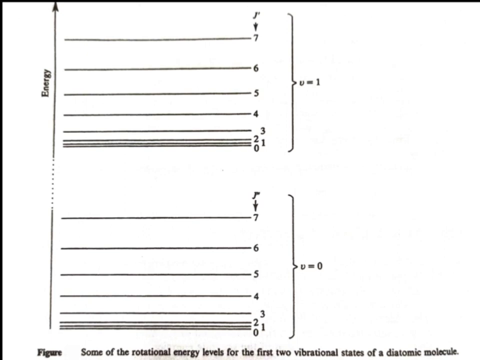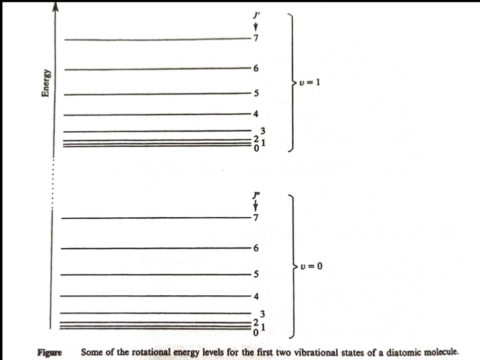Here just the transition from V is equal to 0 to V is equal to 1 is given, but inside the vibrational energy levels there are rotational energy levels present. So, see here 0, 1, 2, 3, 4, 5, 6, 7.